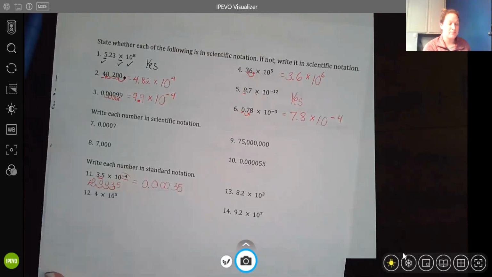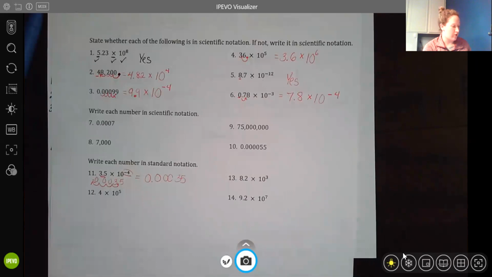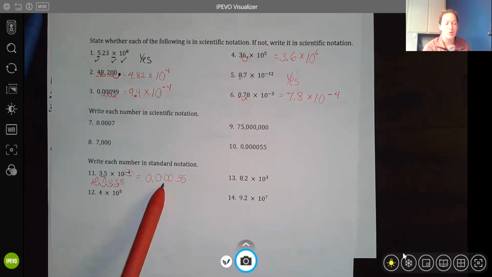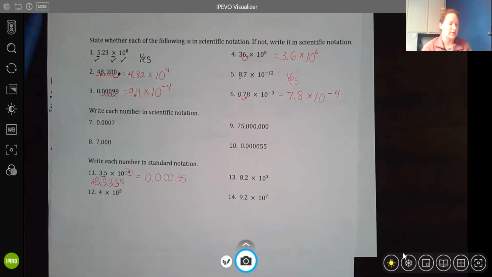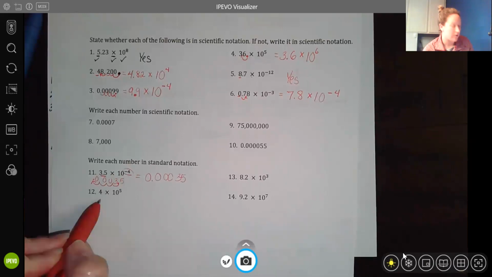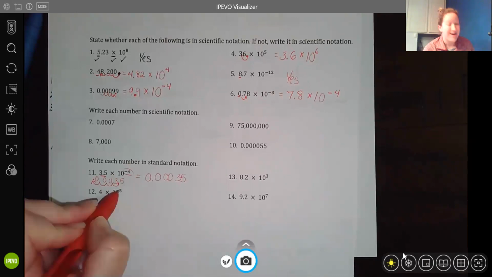So again, I started with a negative exponent, which means my standard form answer is less than 1. It's going to be a small positive number. And then the last example I'm going to do would be something like 4 times 10 to the 5th. I have a positive exponent.